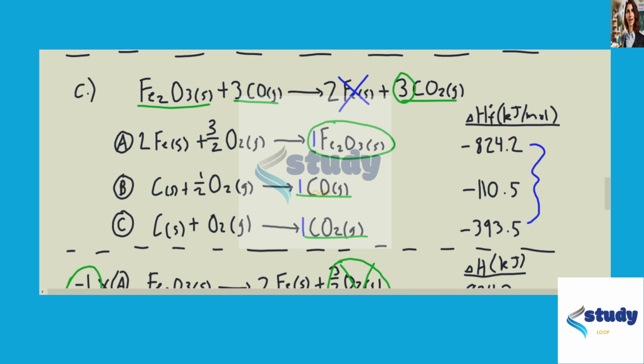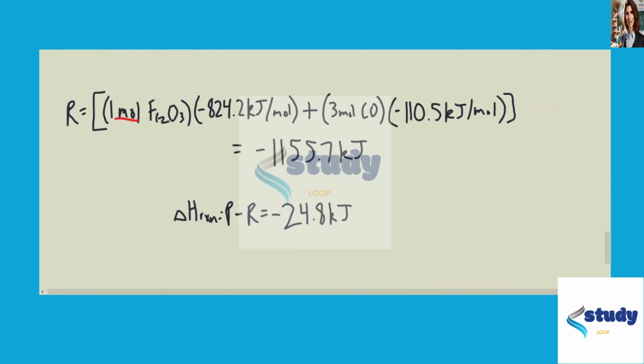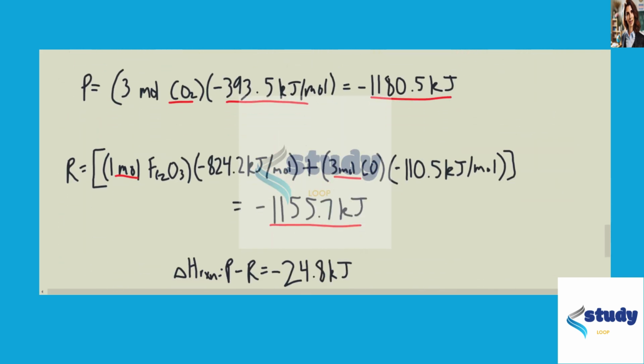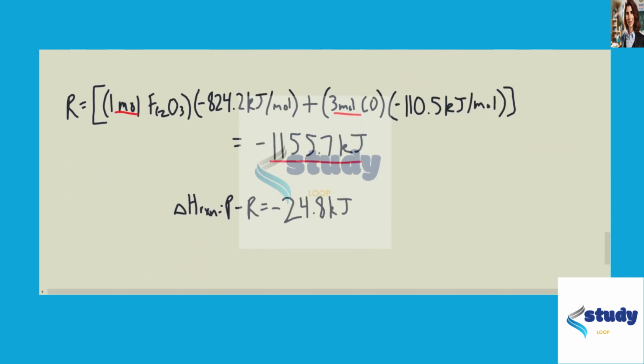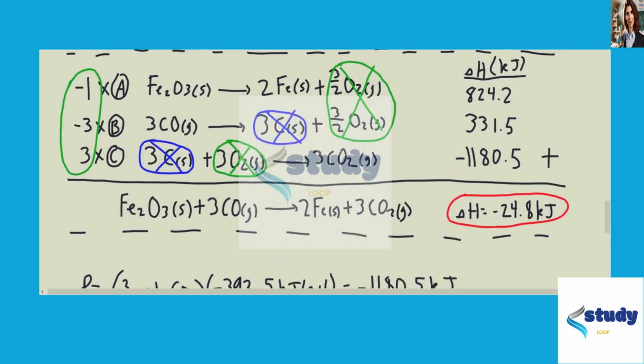Then for the reactants, 1 mole of Fe2O3 and 3 moles of CO. We multiply them by their respective delta H of formation values and add them together. Again, we do not pay attention to solid iron since it has a delta H of formation value of 0. When we do the total enthalpy change of the products minus the reactants, we get an answer of -24.8 kilojoules, which again matches what we calculated before by combining the thermochemical equations.